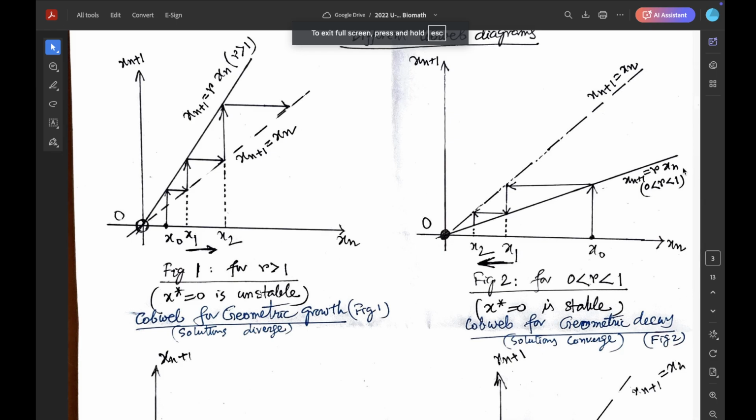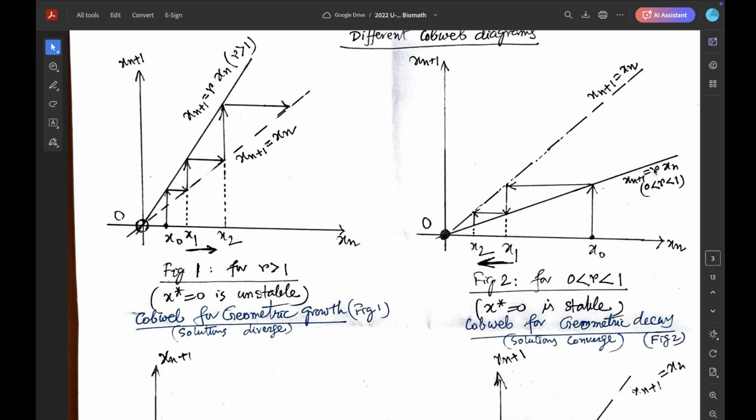And when r lies between 0 and 1, 0 less than r less than 1, we choose x0 here. The dashed line is xn plus 1 equal to xn, and this is the diagonal line, and this is the reproduction curve for 0 less than r less than 1.